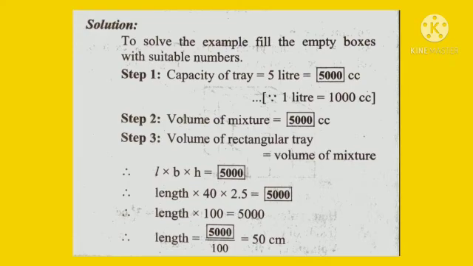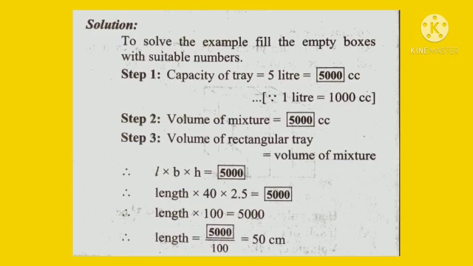Step 3. Volume of rectangular tray is equal to volume of mixture. So the volume of the rectangular tray is length multiplied by breadth multiplied by height, which is equal to 5000. Length we have to calculate. Let us substitute the values of breadth and height which are given.